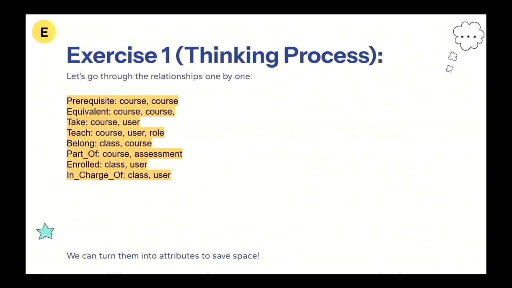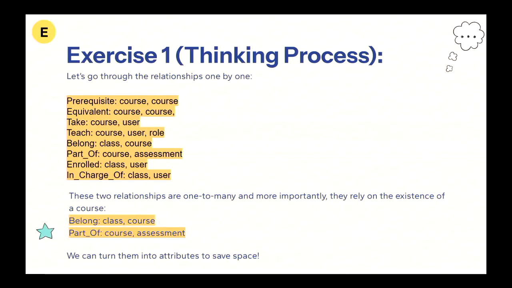So it's a many-to-many relationship, and classes and users can exist without relying on the existence of one another. So that's why enrolled cannot be optimized. And lastly, in charge of is very similar to enrolled, so it cannot be optimized in this case.